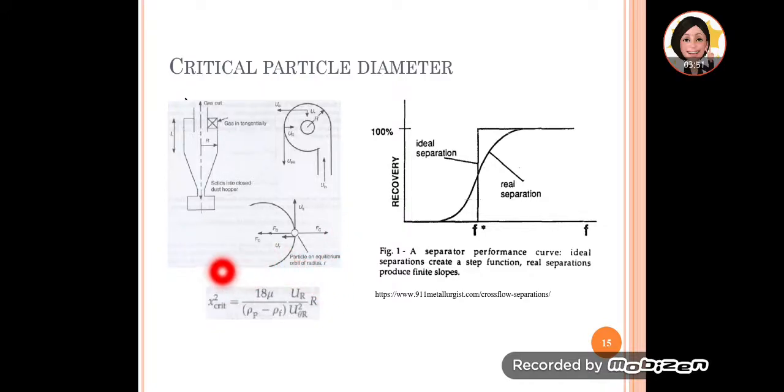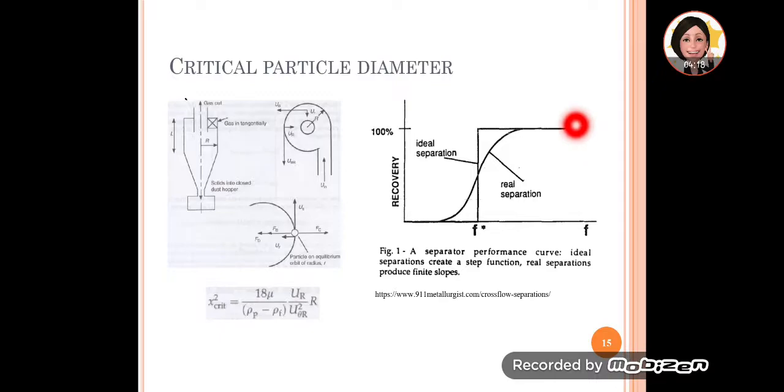So this is the critical particle diameter. In theory, this critical particle diameter should give us 100% separation. That means for any particle size from the critical diameter and above, there should be 100% recovery.